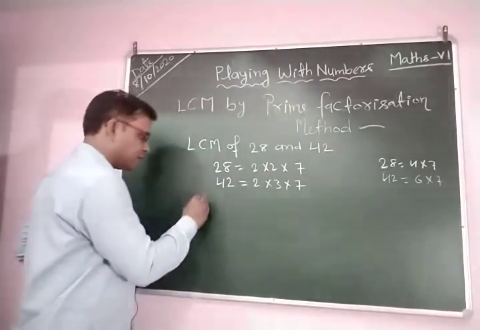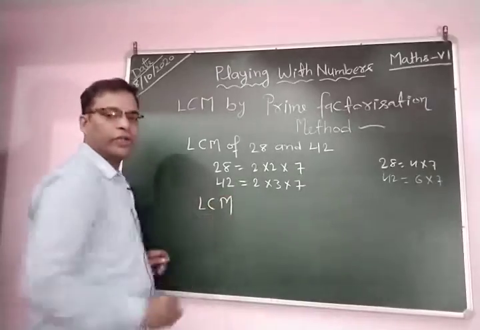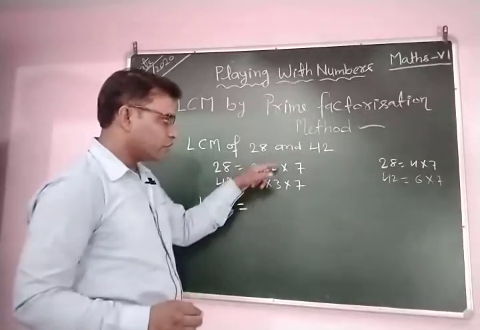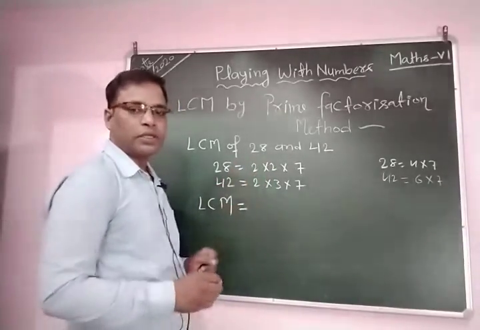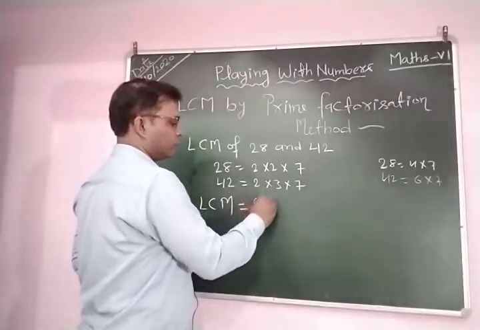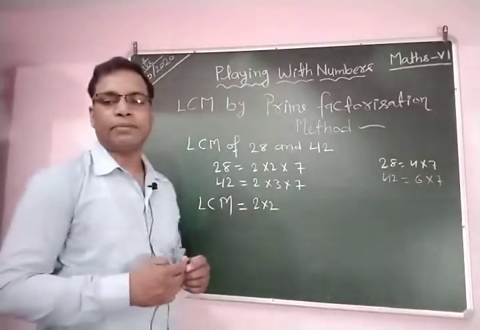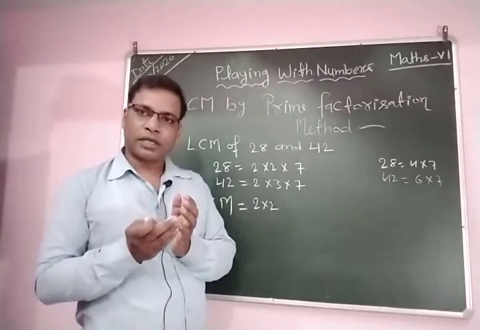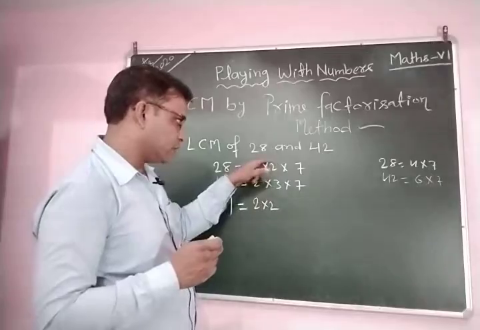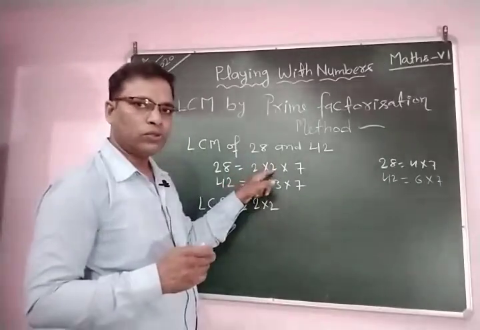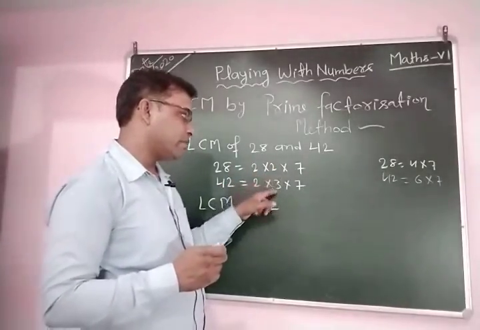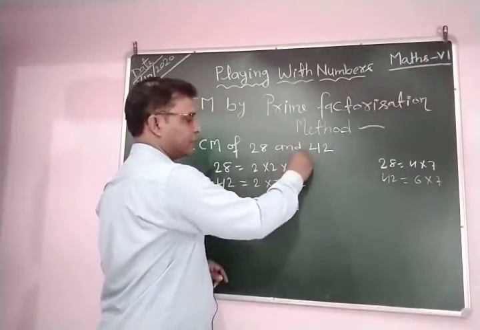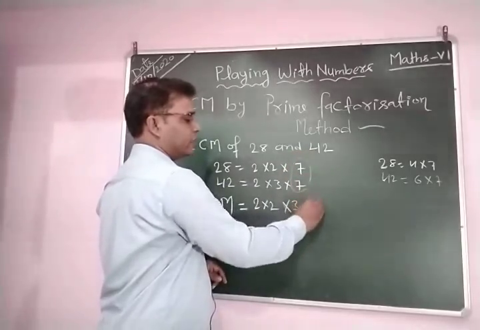So first we write the LCM of 28 and 42. Here 2 occurs 2 times, so we write 2 into 2. The LCM is the product of all the different prime factors. The next different prime number is 3, and the next is 7, which occurs 1 time.